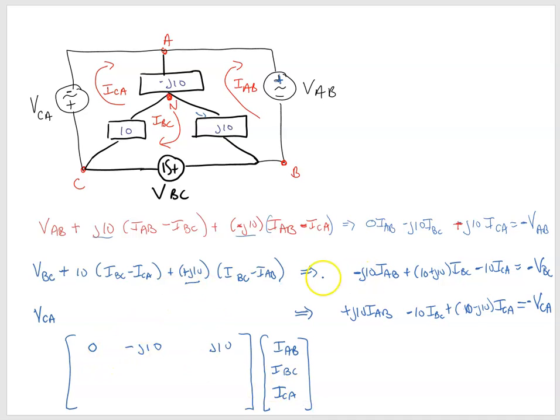And for our second row, second equation, negative J10, 10 plus J10, negative 10. And of course, let's put what it's equal to. The first row is negative VAB.